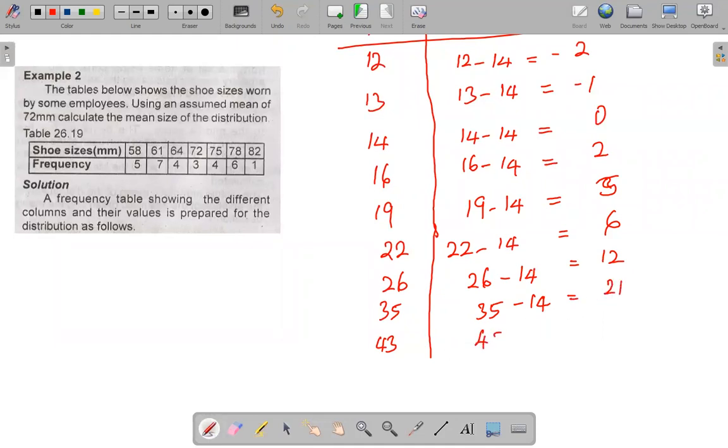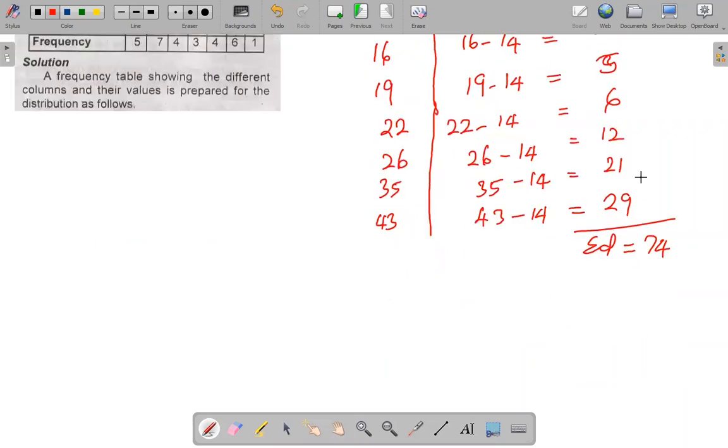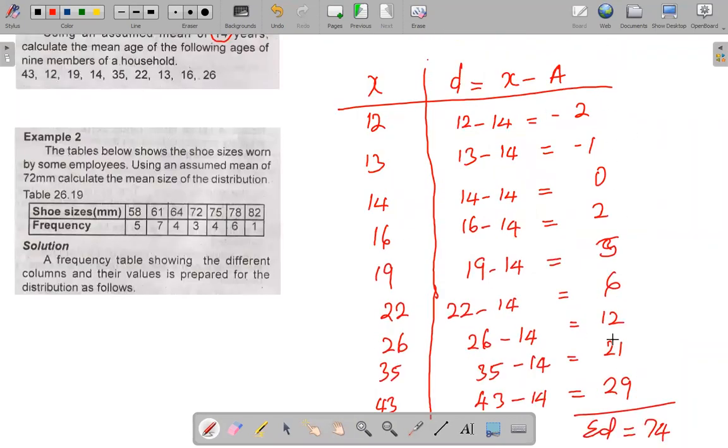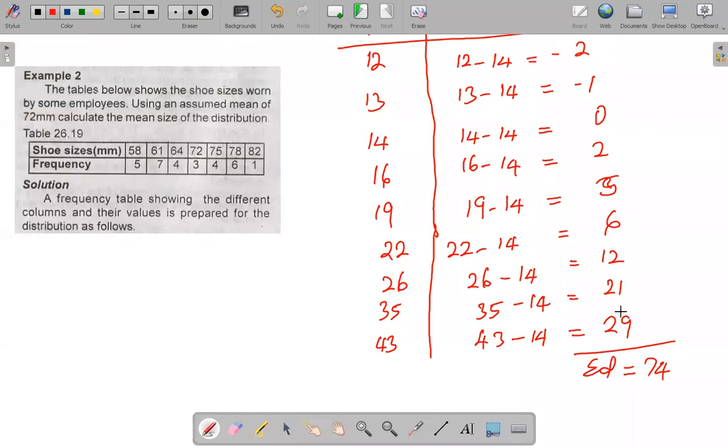Then finally 43 minus 14, which is 29. The summation of all of these deviations is 74. That is, when we add up all of this, the answer should be 74.